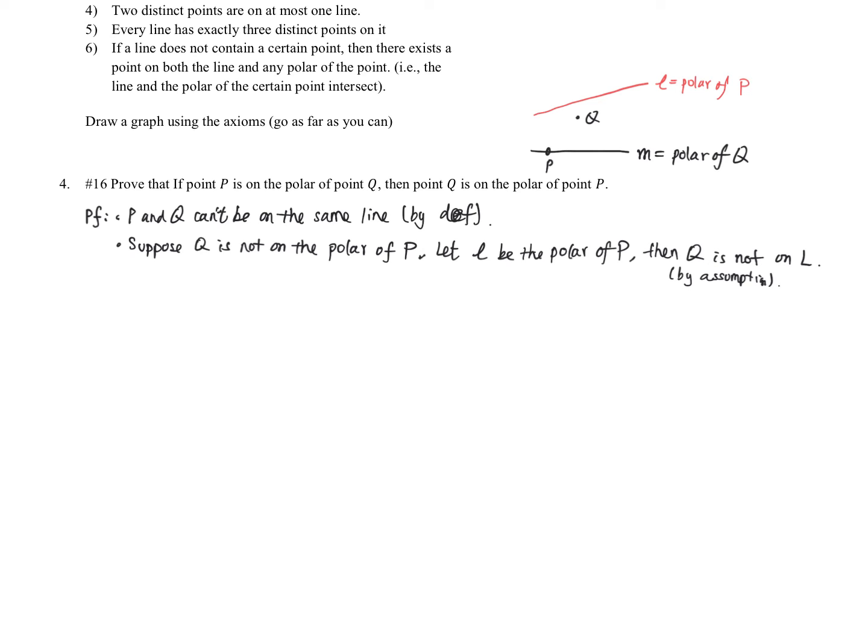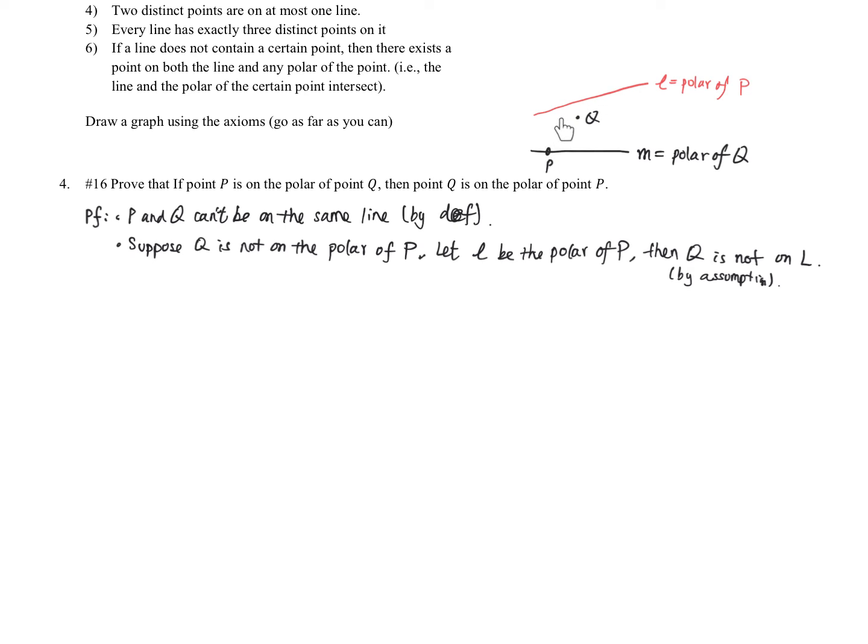We go back to that definition again, because Q is not on this line L, and this line is the polar of P. That means no line through P will intersect L. So there's no line connecting P and any points on L, right?